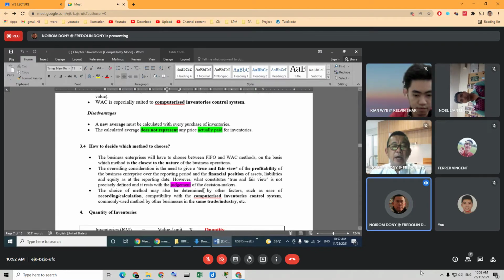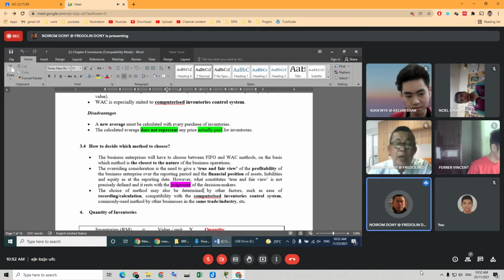And the choice of method may also be determined by other factors, such as ease of recording, calculation, compatibility with the computerized inventory control system, and commonly used method by other businesses in the same trade industry. So these are the other three factors that you need to consider. The first one, which one is easier to record? People find weighted average is easier to record.